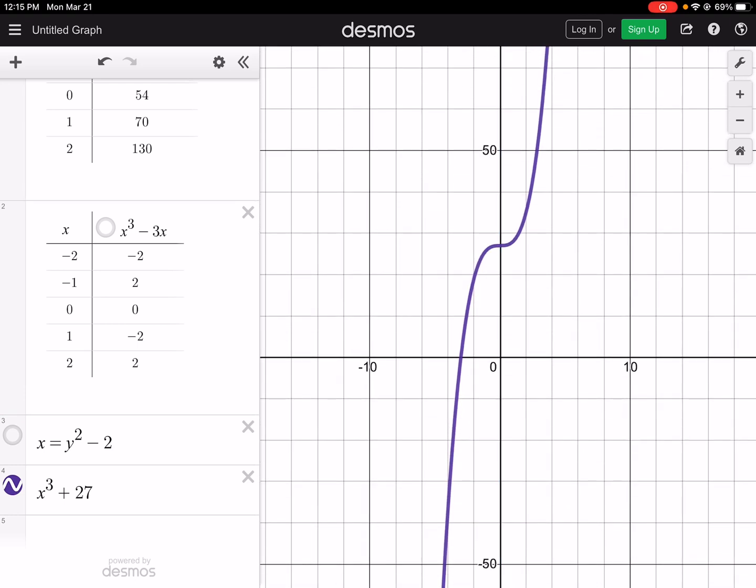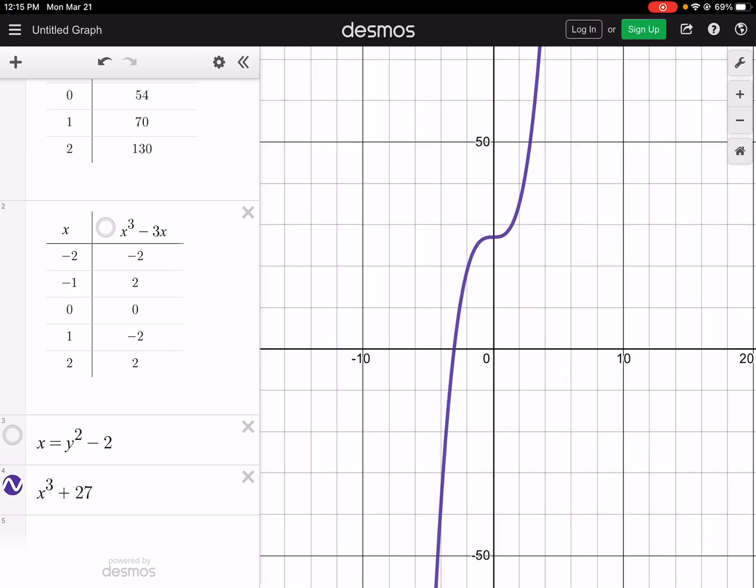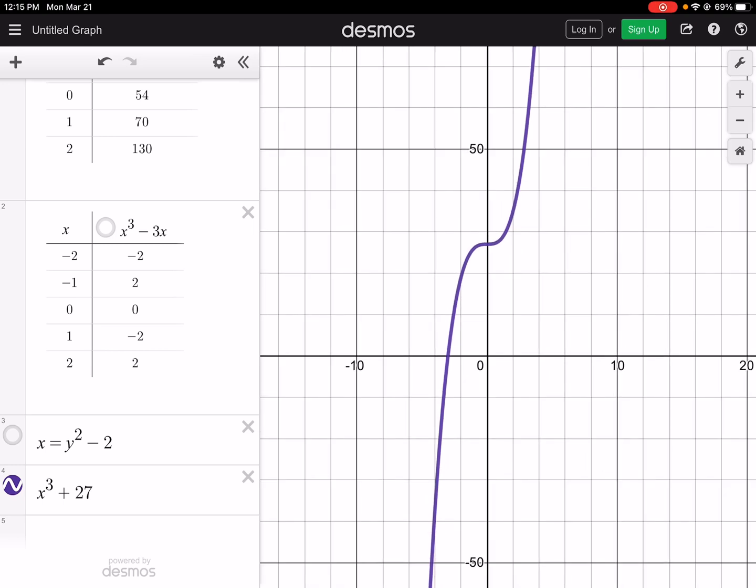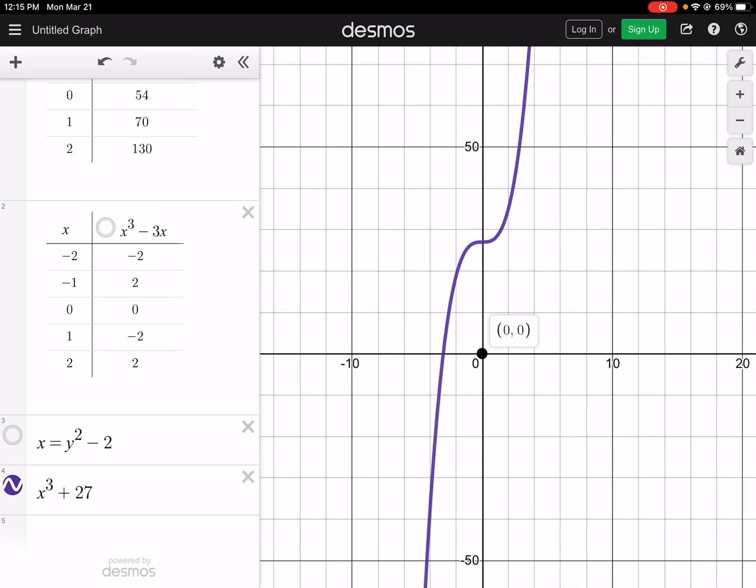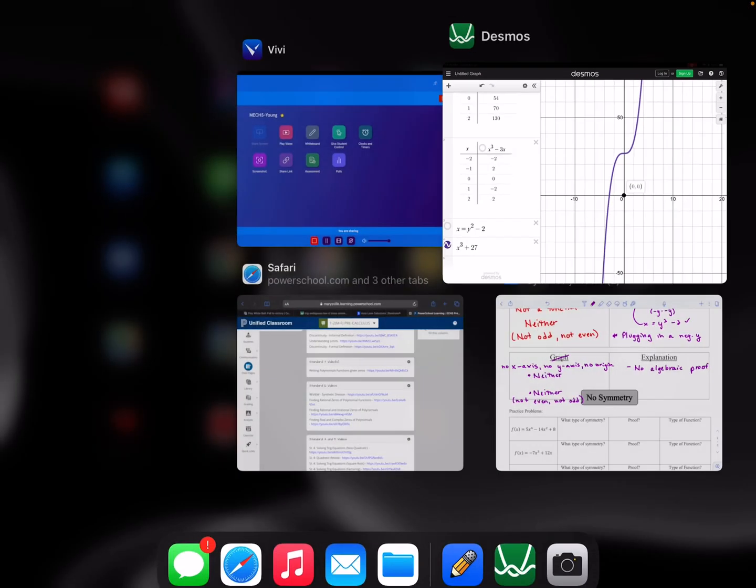Okay, so when you do this, if we look at this, you can see this clearly has no symmetry, right? There's no way to flip this from left to right, top to bottom, or rotate it, because we have to rotate around the origin, and that won't result in the same function.